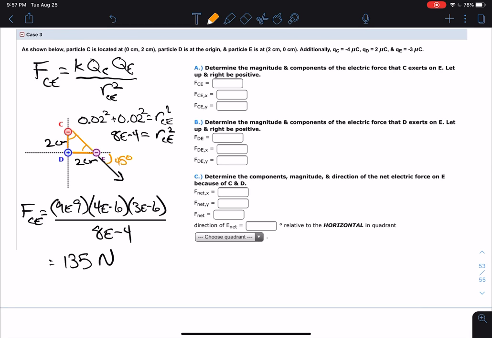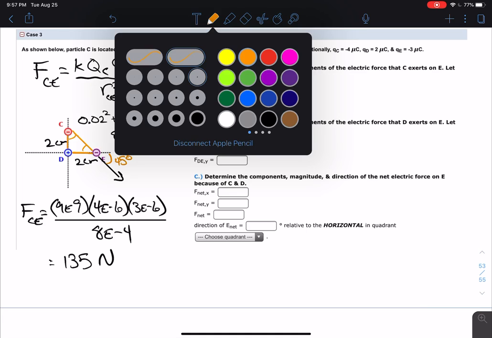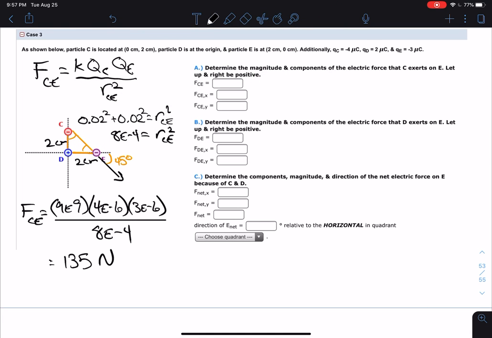And so that means if I want the x component, then I know that FCEX has got to equal FCE times, let's see, I want the cosine to get the x component, so it's going to be the cosine of 45.